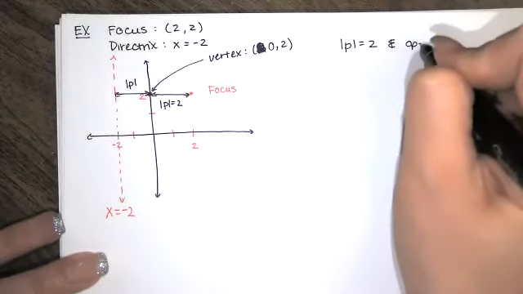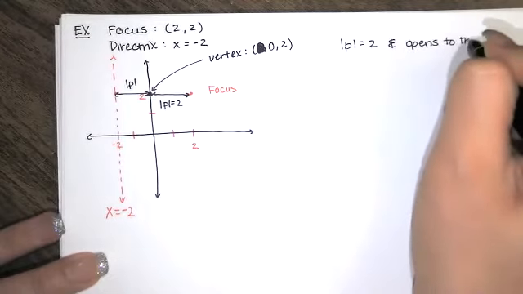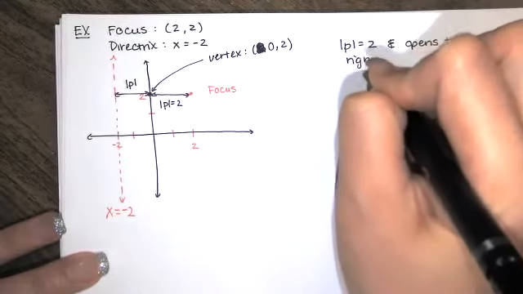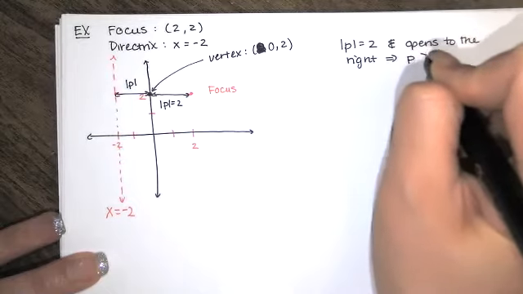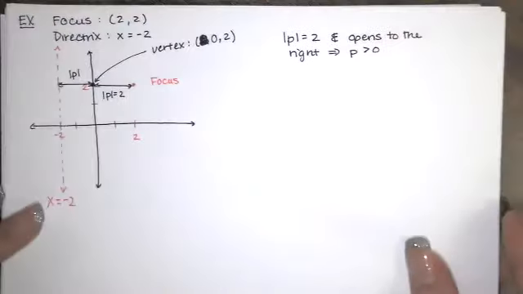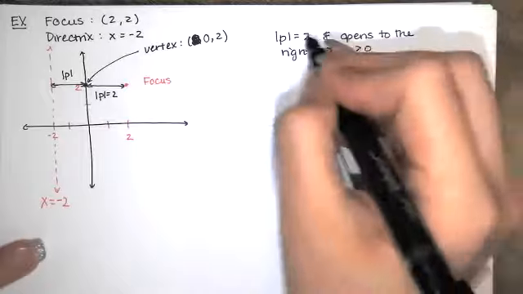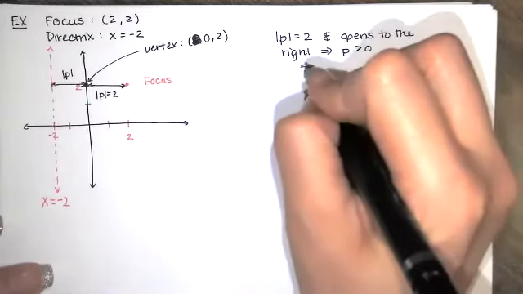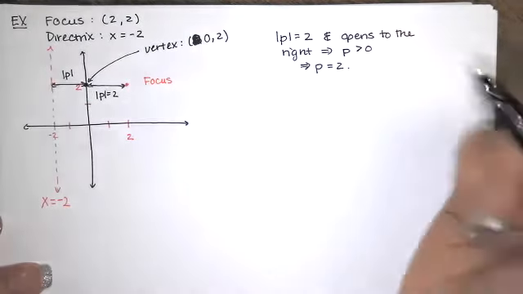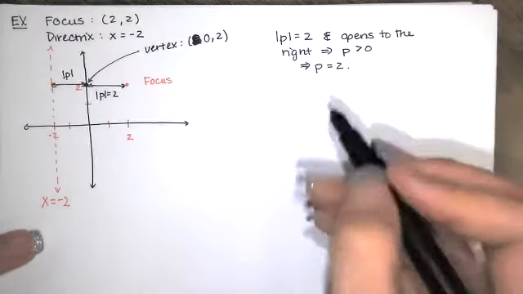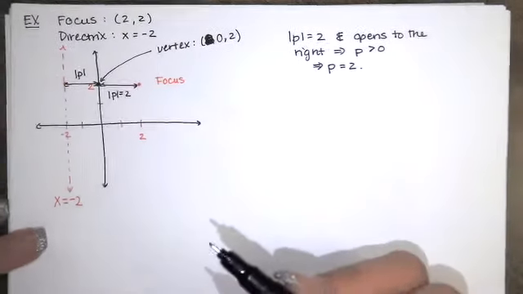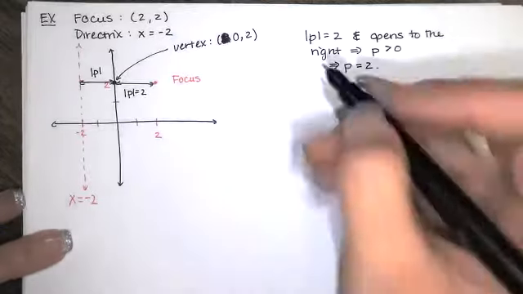And the parabola opens to the right, so that means p must be positive. And if p is positive and its absolute value is 2, that means p must equal 2. Okay, I've got p, I've got a vertex. That's enough to write down the equation of the parabola.